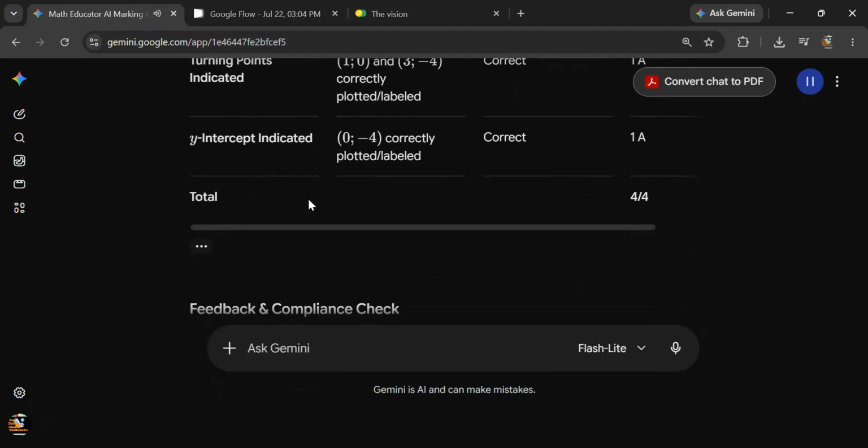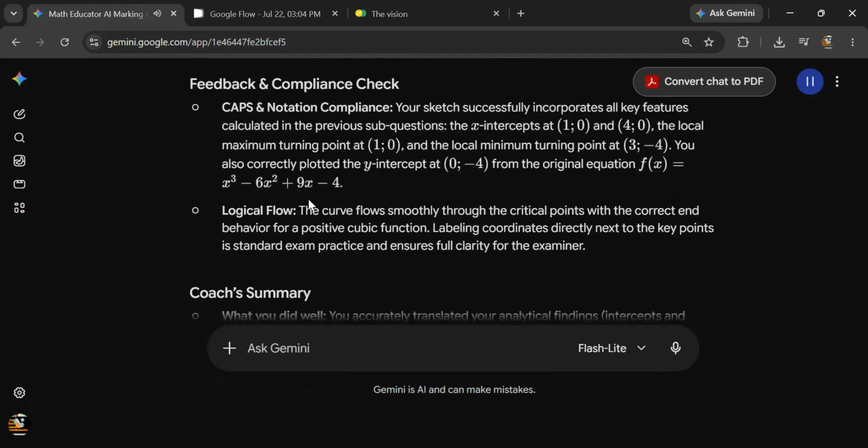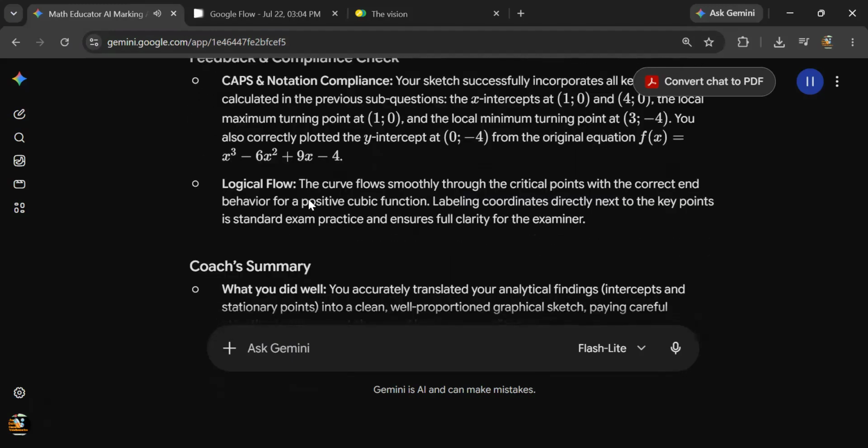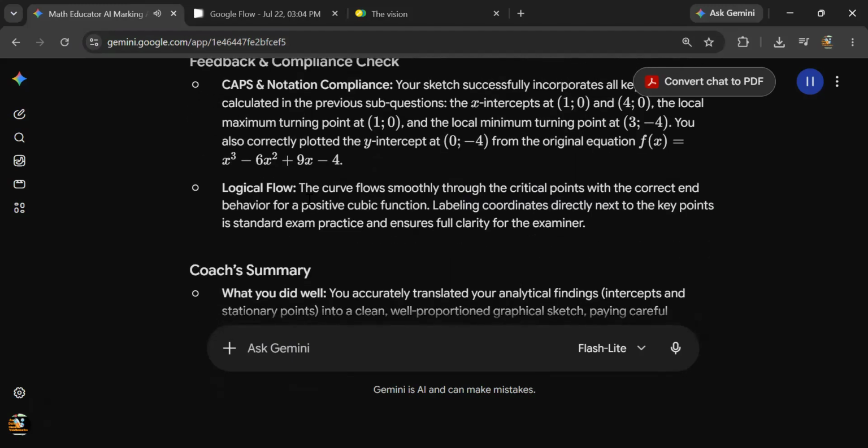Feedback and compliance check. Caps and notation compliance. Your sketch successfully incorporates all key features calculated in the previous sub-questions. The x-intercepts at 1, 0, and 4, 0. The local maximum turning point at 1, 0, and the local minimum turning point at 3, -4.